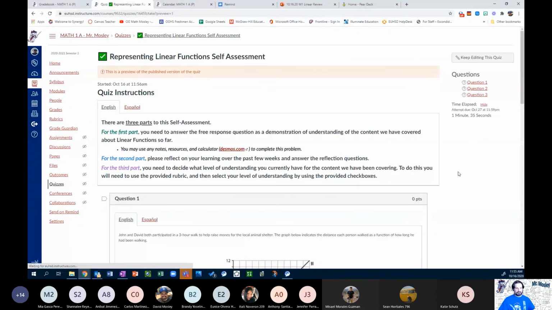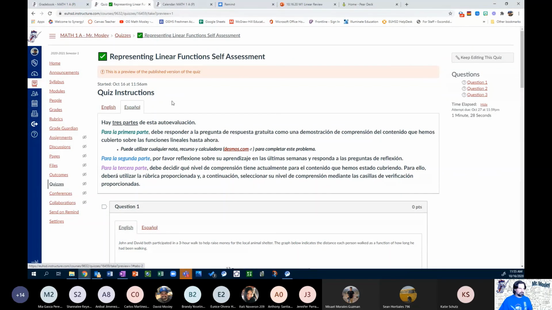Okay, this is what it looks like. Everything in the self-assessment is in English and in Spanish. Please work in whatever language you are more comfortable working in. The focus of this assignment is for you to show me what you understand about math.